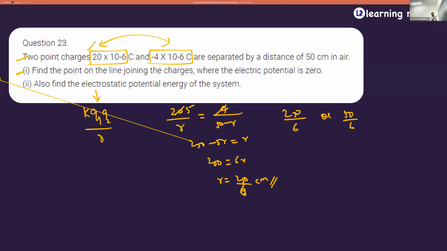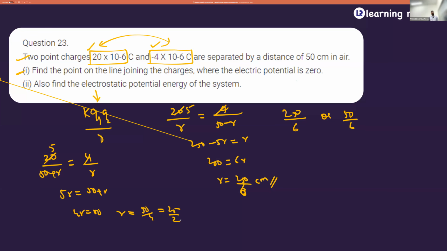Okay. Next. See, this is one of the points. What will be the other point? So you will have 20 divided by 50 plus R is equal to 4 divided by R. So you will get R is equal to 50 by 4 or 25 by 2 also.